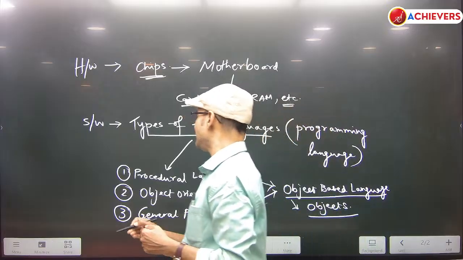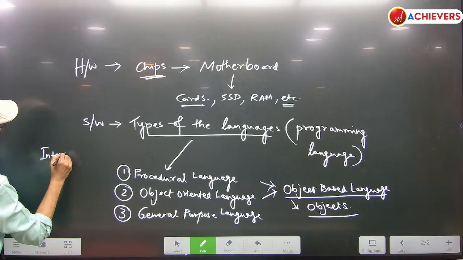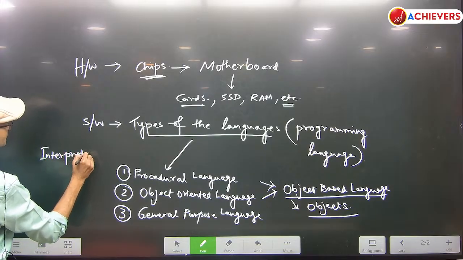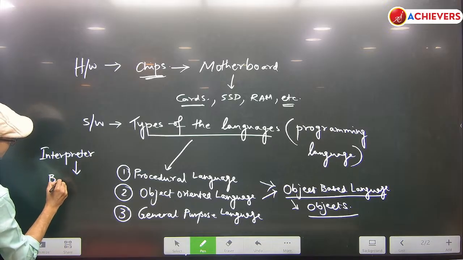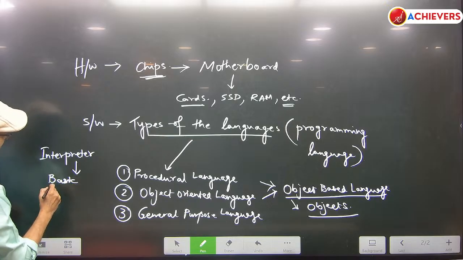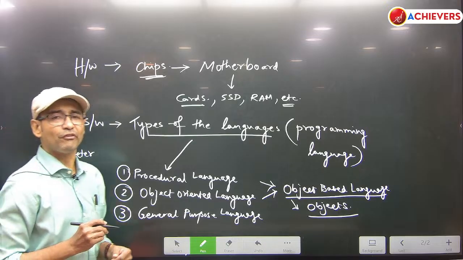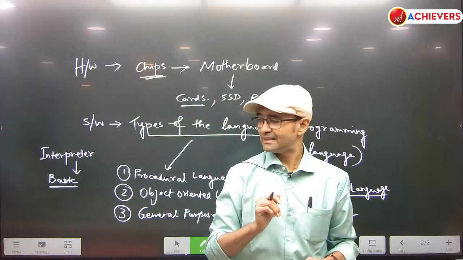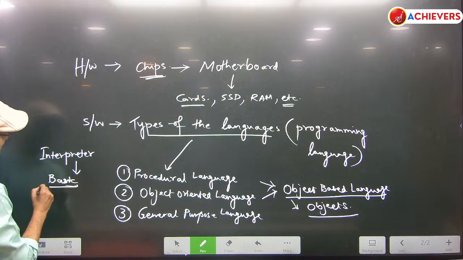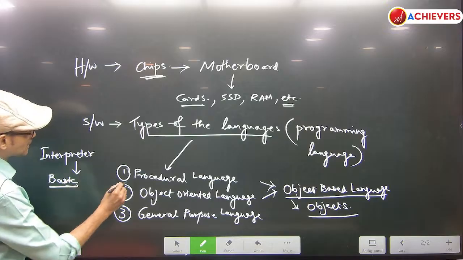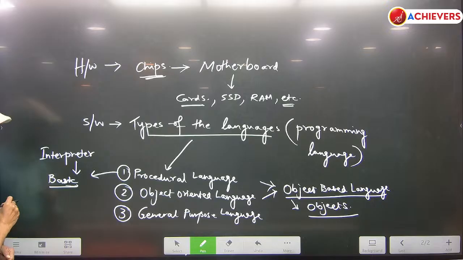An example of an interpreter is BASIC language, which is actually done in school. In some syllabi, we follow QBasic or GW-BASIC as the programming language, which follows the procedural language paradigm, and it is based on an interpreter.